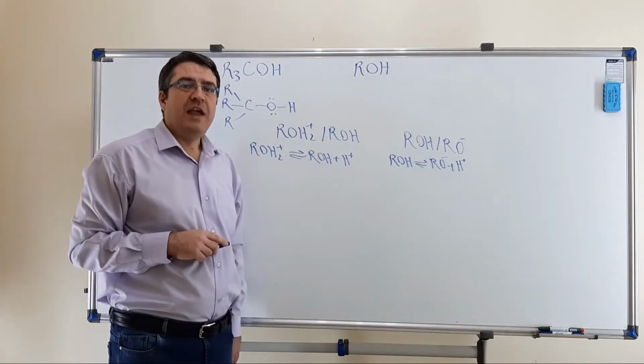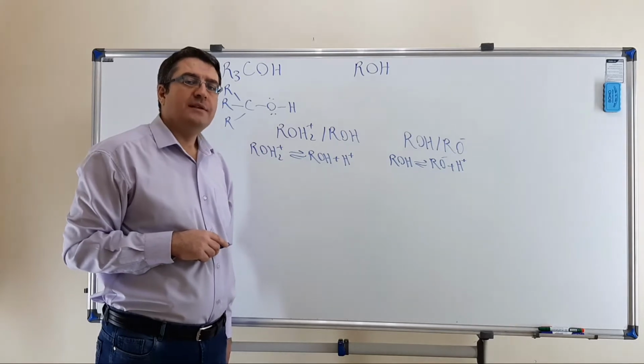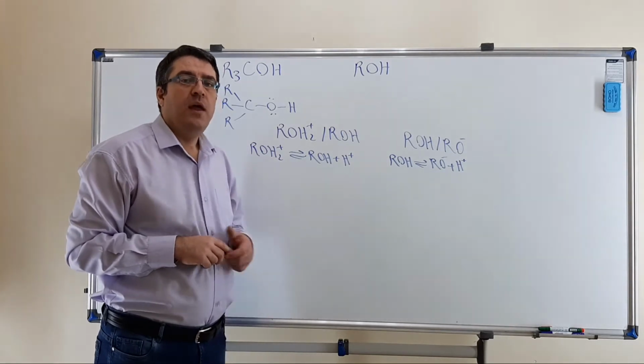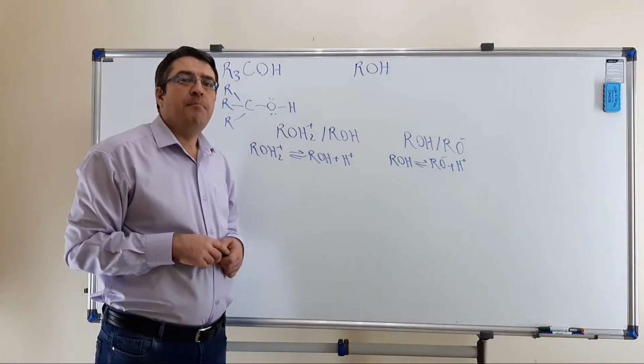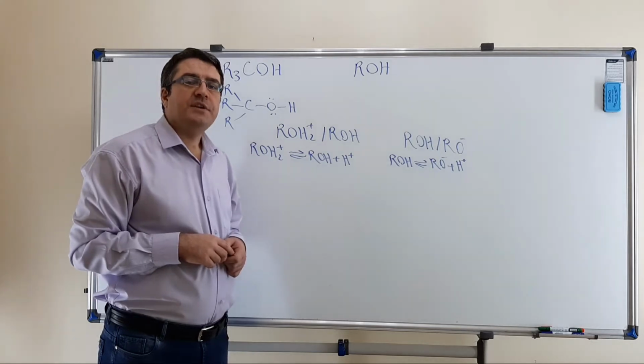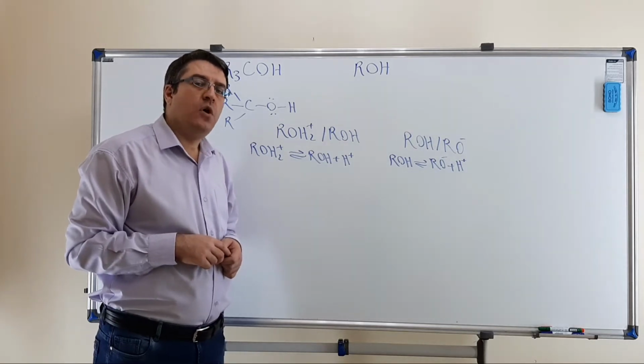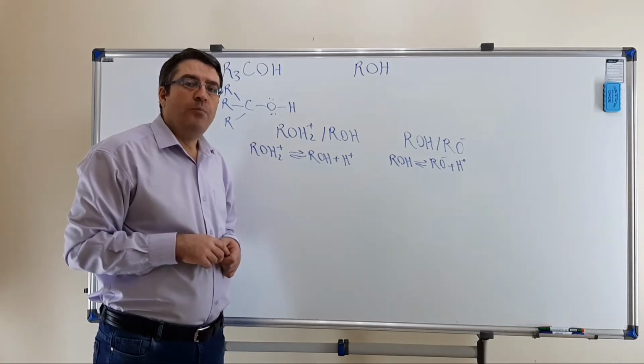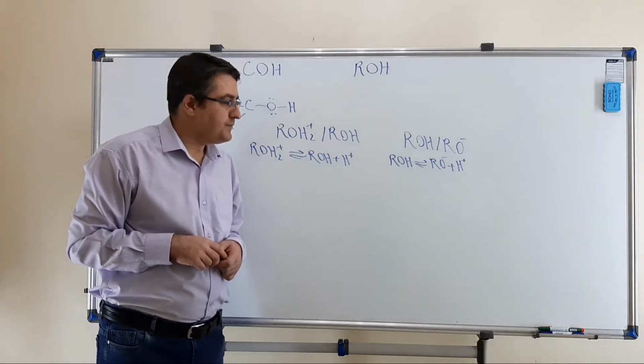For example, we have the alcohol methanol, CH3OH. The conjugate acid of methanol is CH3OH2+, methyloxonium. The conjugate base of methanol is CH3O-, methoxide anion.